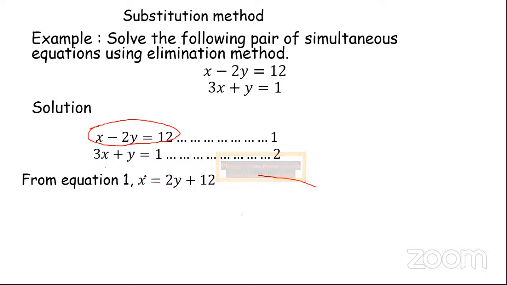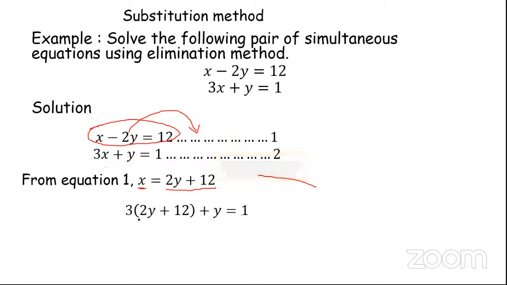So we are saying from equation 1, x is equal to 2y. So if we transfer this to this side, it will become what? Positive. So on this left-hand side would remain only x, which would be equal to the 2y which has gone there plus 12. So meaning now our x is equal to 2y plus 12.